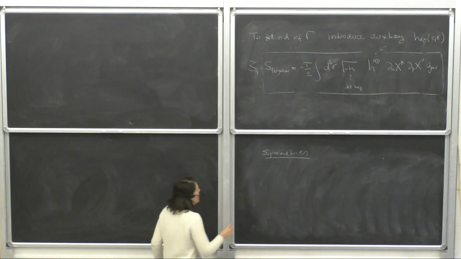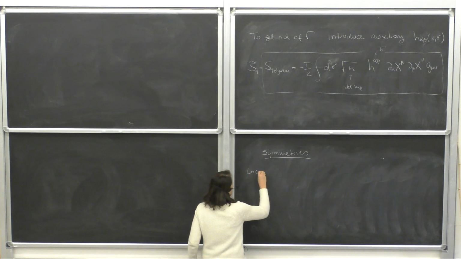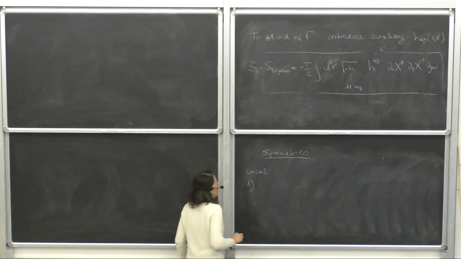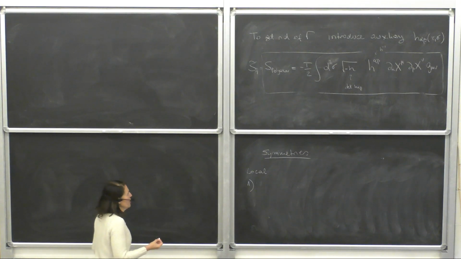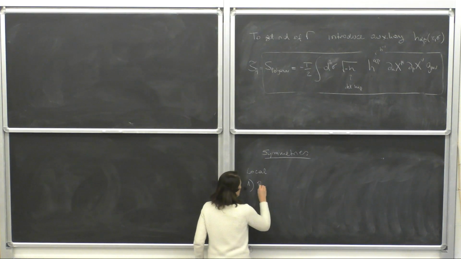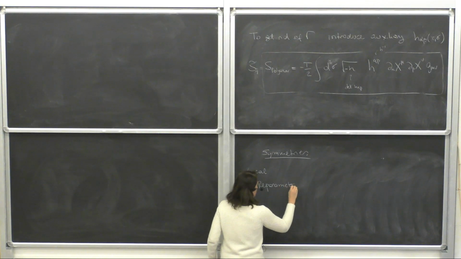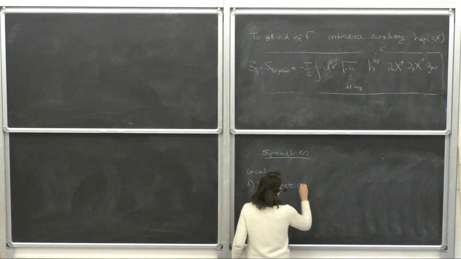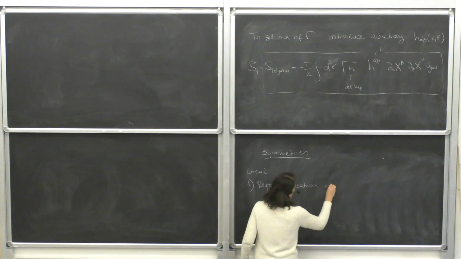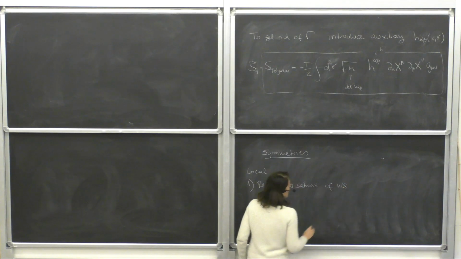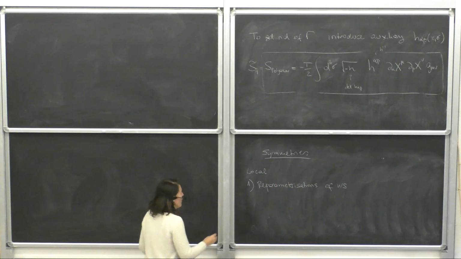First we'll start with local symmetries. The first one is reparametrizations of the worldsheet, like diffeomorphisms of the worldsheet.